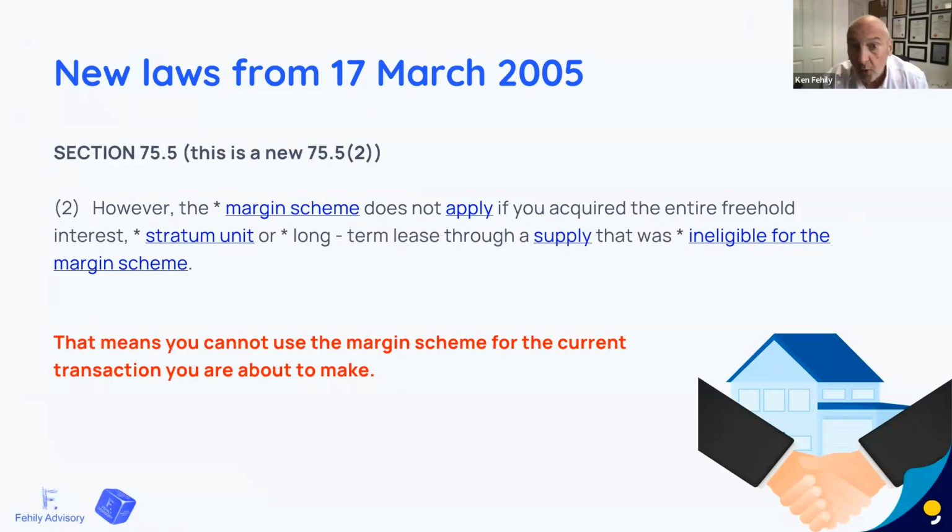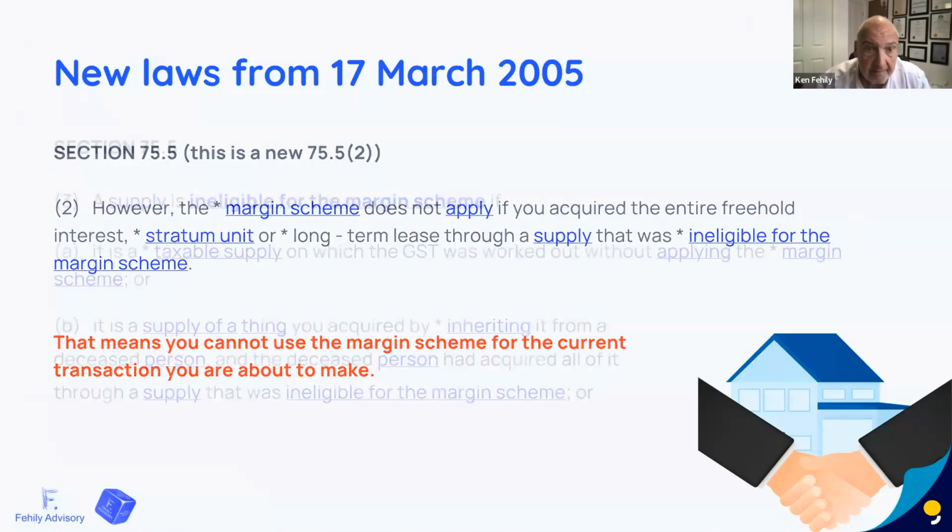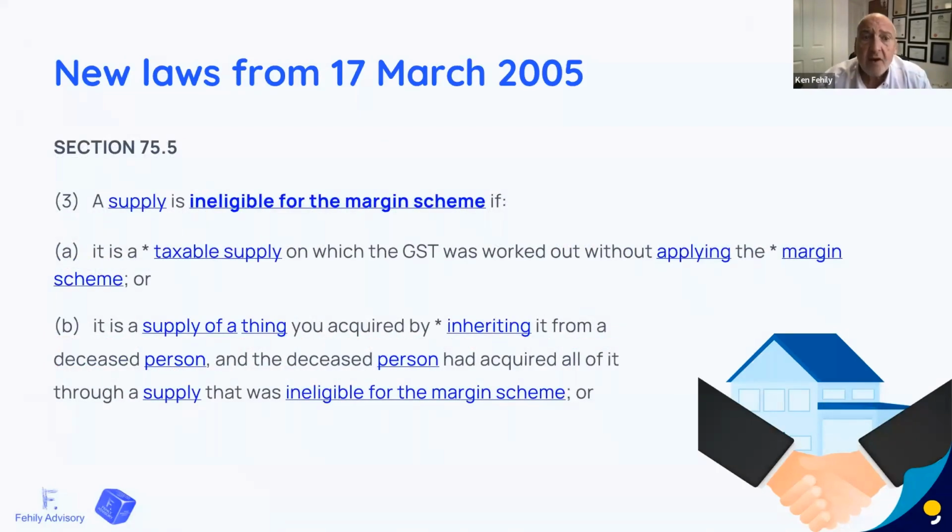It's kind of the same as the old 75.2. We know that. If you buy a taxable supply that wasn't the margin scheme, then we've now got a supply is ineligible if it's a taxable supply that was worked out without the margin scheme. We kind of know that one already.